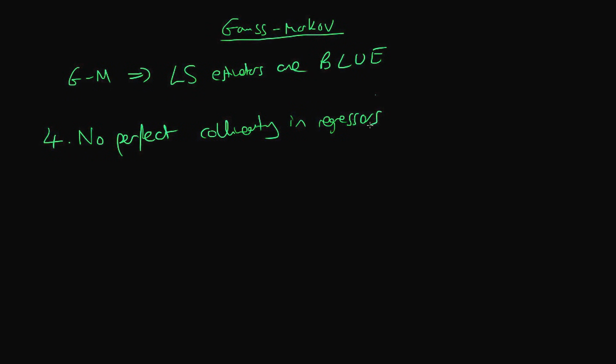That means that if I have a model y equals alpha plus beta 1 times x1 plus beta 2 times x2 plus some error, there cannot be an exact relationship between x1 and x2. I cannot write down in an equation exactly that x1 is equal to delta naught plus delta 1 times x2. That would mean that if I know x2, I exactly know x1. In a sense, x1 and x2 are exactly the same event.